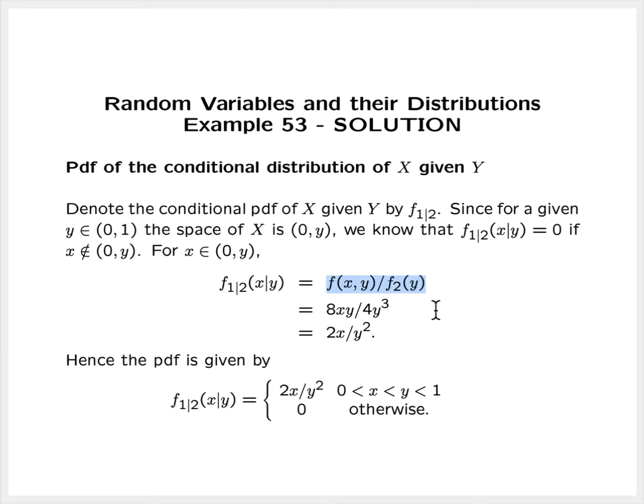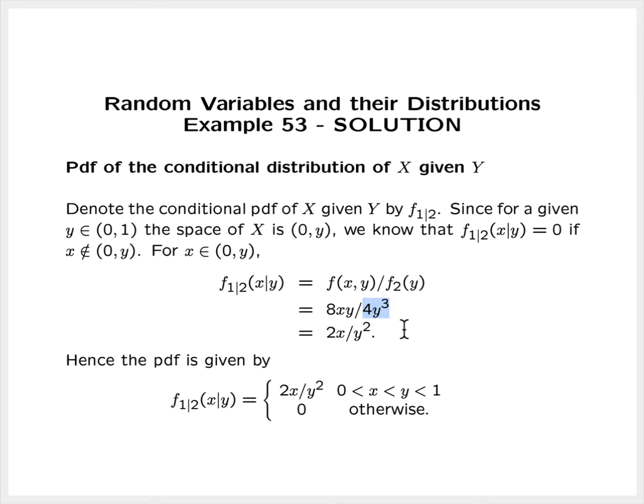this ratio. Again, this is the definition for the conditional distribution of x given y. It's going to be the joint PDF of x and y divided by the marginal PDF of y. Now, for this example, for this joint distribution of x and y, the joint PDF is equal to 8 times x times y. The marginal PDF of y, which we found in a previous example, is 4 times y cubed.